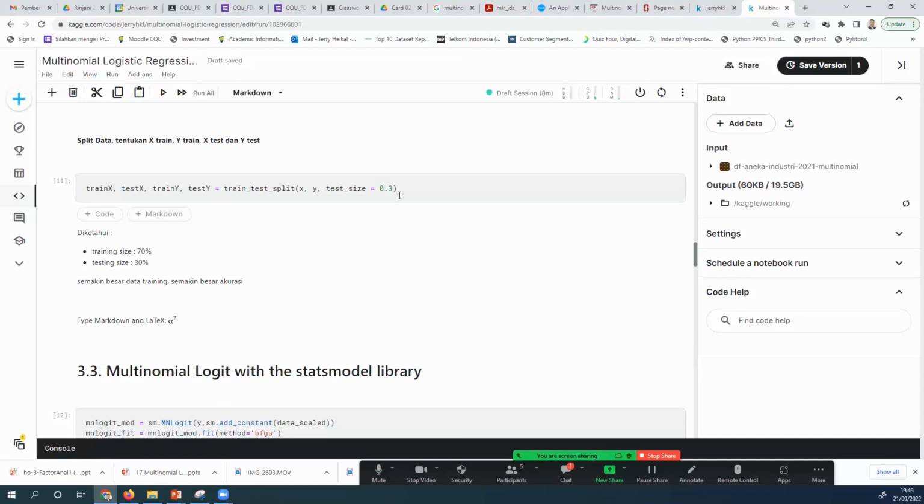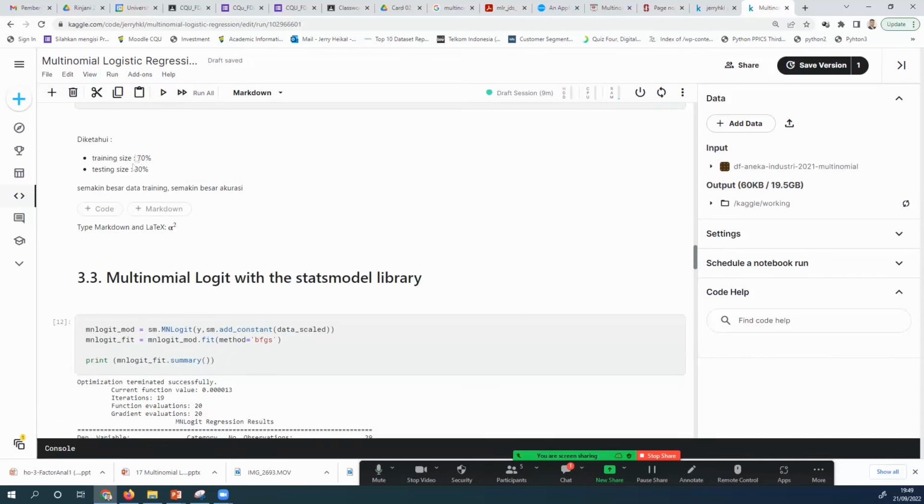Meaning when test size is 0.3, the training size will be 0.7. So the testing size is 30% of the data, and 70% is for the training.